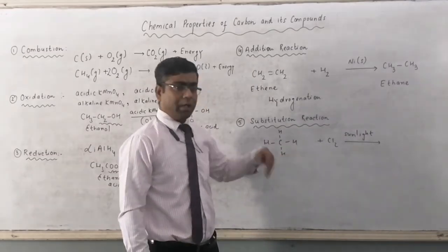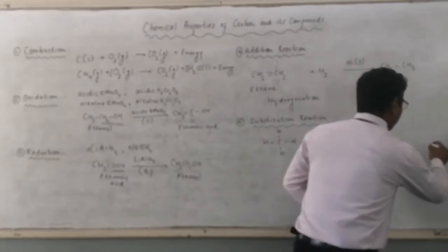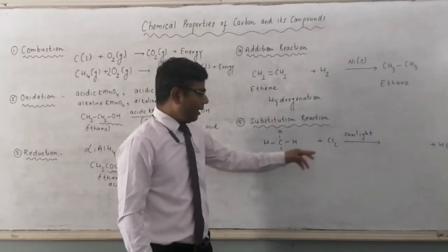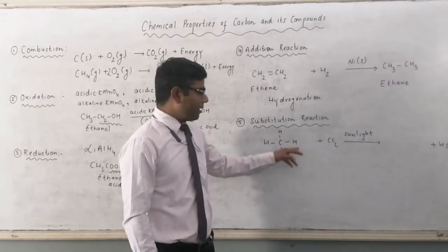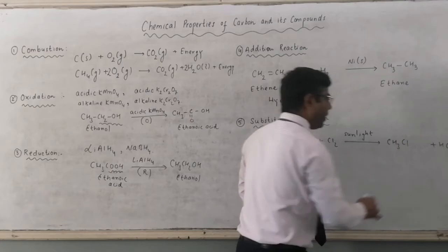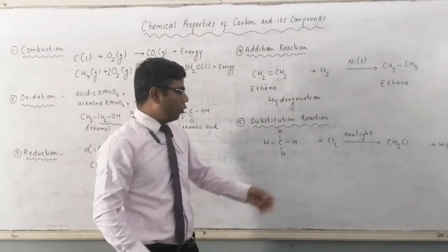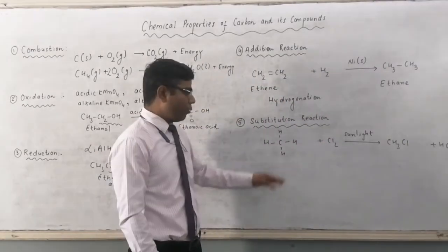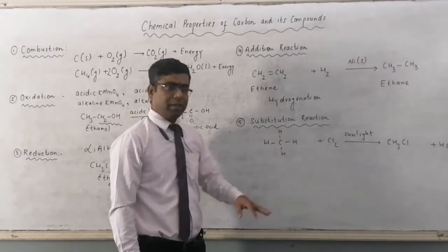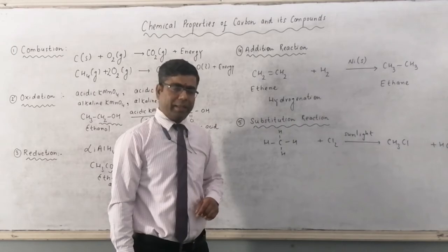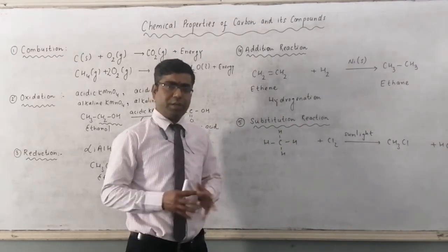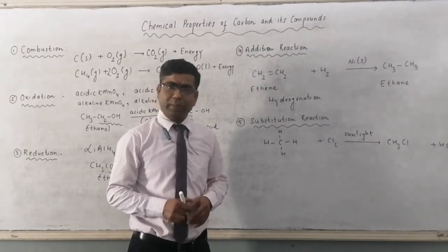So this H with another Cl will combine together to form HCl. And Cl, on replacing H from here, will give you CH3Cl. So one Cl atom has replaced one hydrogen atom of methane, as a result of which methane is converted to chloromethane. So this is an example of substitution reaction, which is also called displacement reaction.